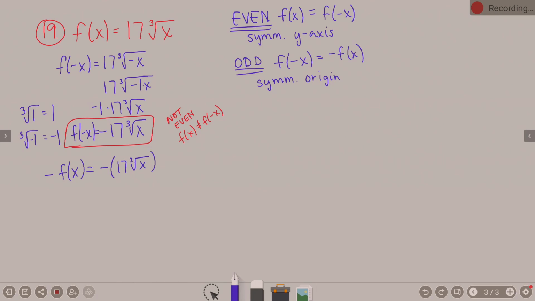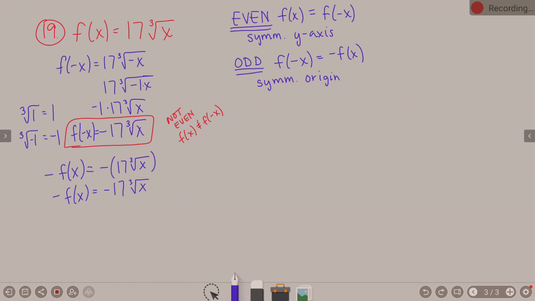Well, 17 cube root of x, how many terms are there? Is there anything added within 17 cube root of x? No, that is one term. And so when I multiply that by a negative, the negative is just going to stay out front. It's going to be negative 17 cube root of x. The only way you distribute that is if there are multiple terms being added or subtracted.